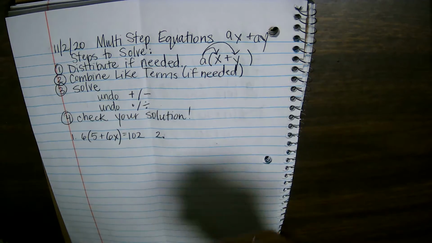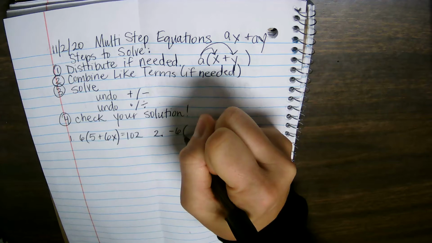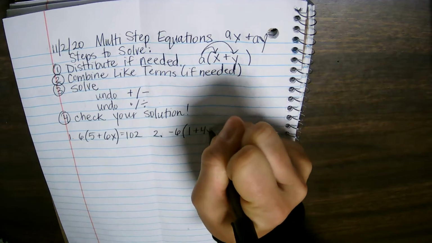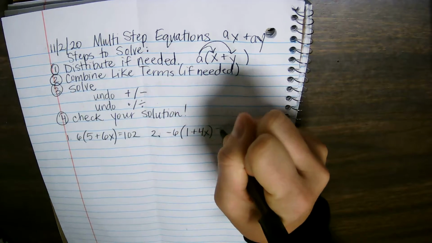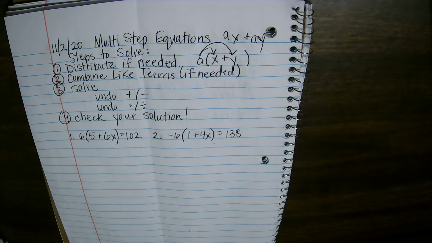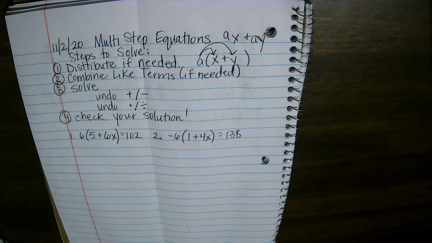Number 2 is negative 6 open parenthesis 1 plus 4x equals 138. It does not look like we're going to have anything where we're combining like terms today, so this is just kind of part 1.